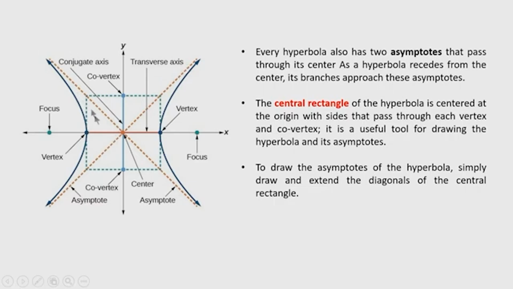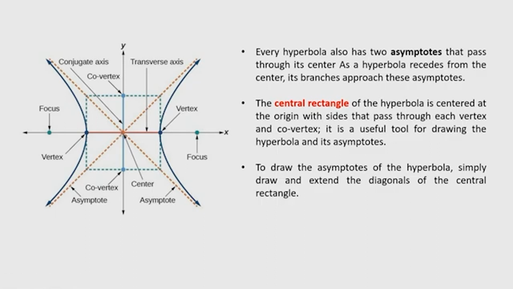So, two asymptotes are there, and the branches of the hyperbola become asymptotic as they go farther and farther away from the center of the hyperbola. To draw the asymptotes of the hyperbola, simply draw and extend the diagonals of the central rectangle. So, if I draw the diagonals of the central rectangle and extend them, we will get the asymptotes.